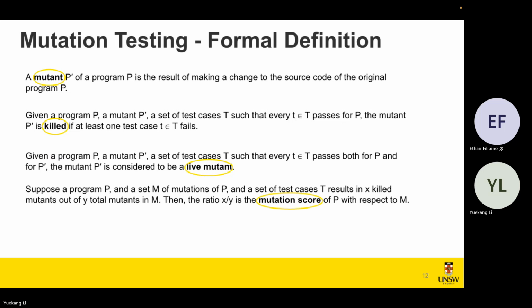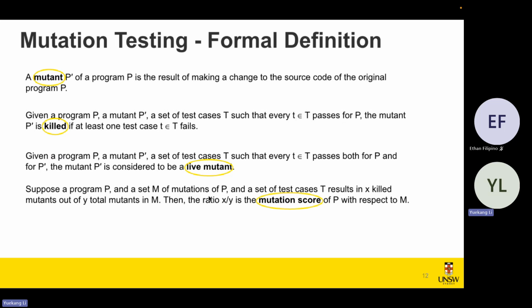So do you think the mutation score is the higher the better or the lower the better for describing a test suite? Remember, if a test case can kill a mutant, then that test case is considered a good test case, right?